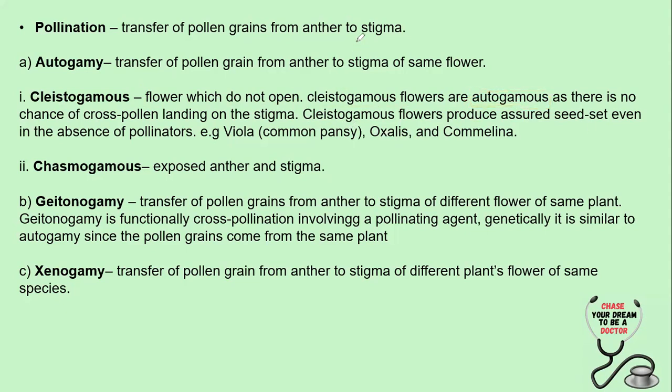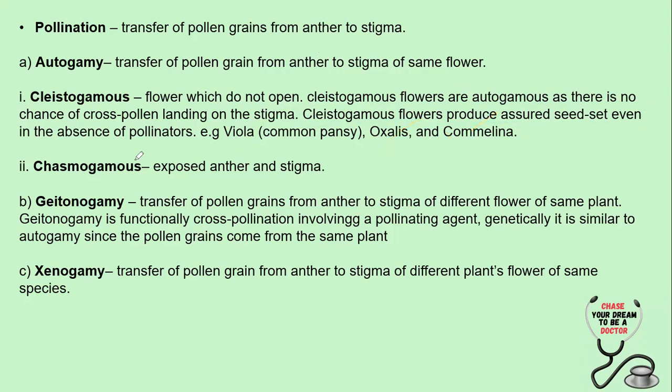Very important, another point I have to mark for you. Just write it down. Cleistogamous flowers produce assured seed set even in the absence of a pollinator. Very important. Cleistogamous flowers produce assured seed setting even in the absence of a pollinator. And the examples I've mentioned earlier are viola, oxalis, and commelina.